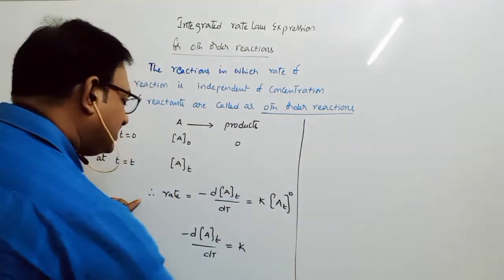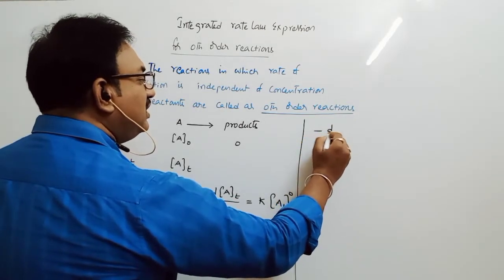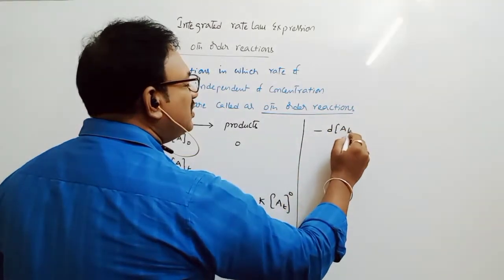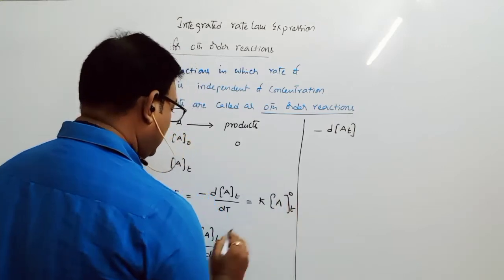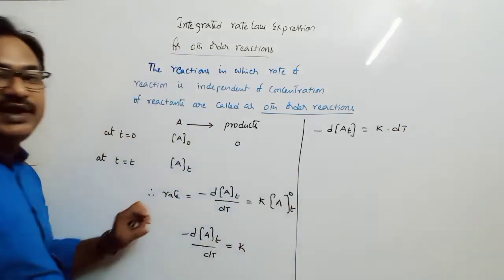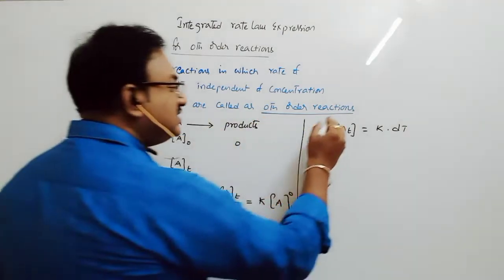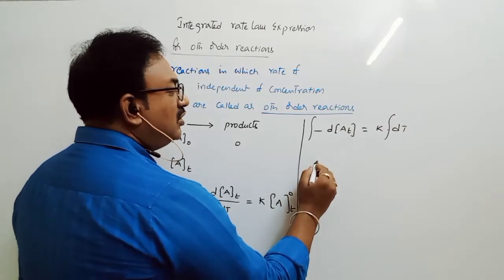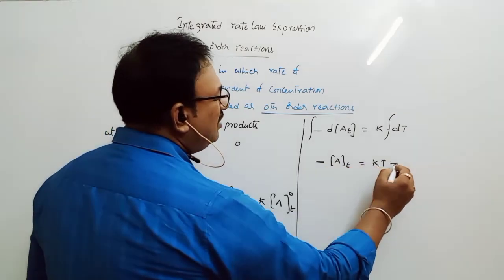Now make similar terms on one side. We just have to integrate this equation, nothing else. So minus d concentration of A at t is equal to k into dt. So let us integrate this equation. Integrating this equation, what will it be? Integral of this one, k into integral dt. So minus concentration of A at t time is equal to kt plus constant.